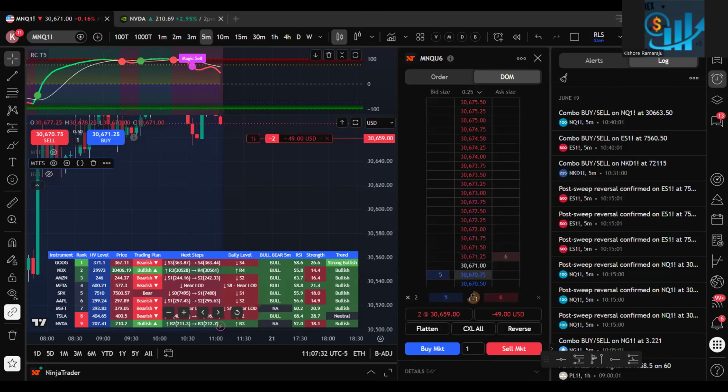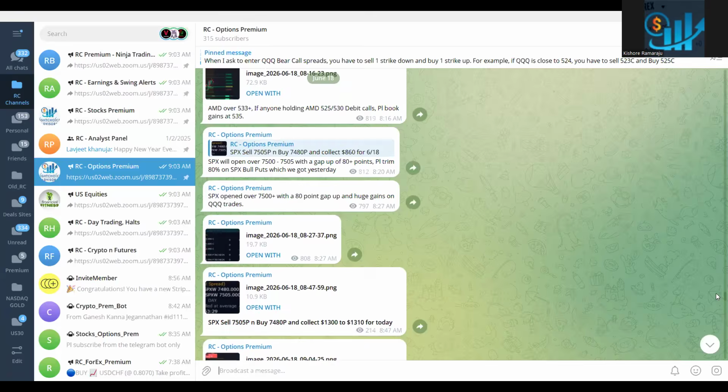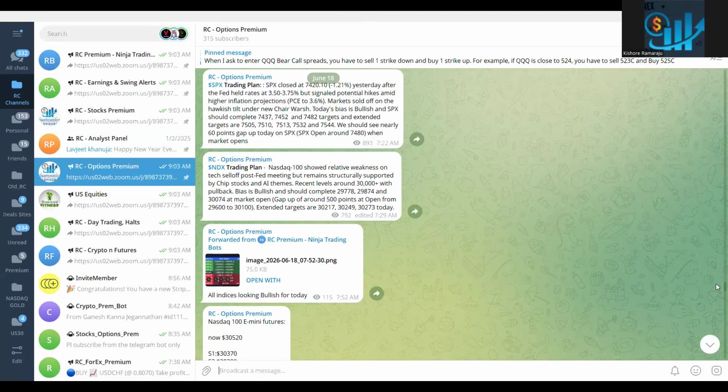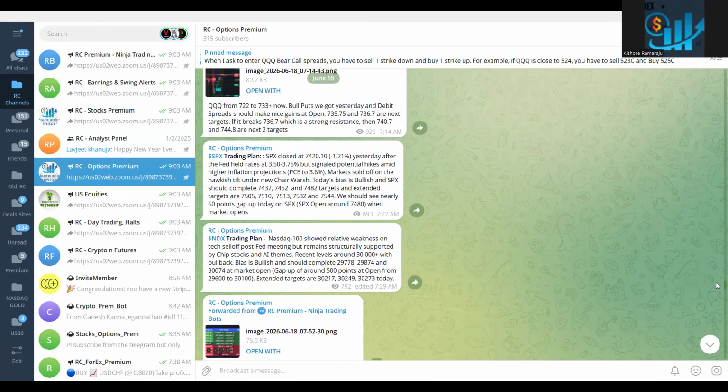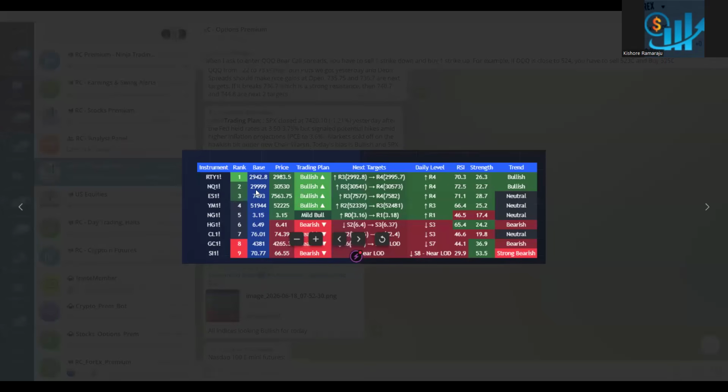So for example, if you go here, right in the morning itself, NQ base price is 29... sharing the right one.